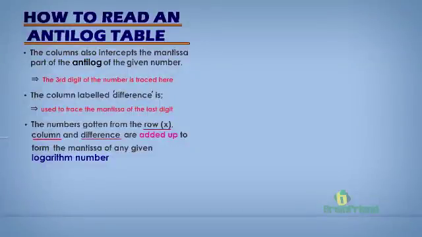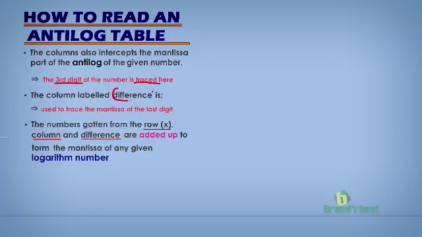We also have columns within that antilogarithm table, as we saw. The column intercepts the mantissa part of our antilog of our given number. And the third digit, if we have a number string that has a third digit, is looked up from our column within the antilog table.